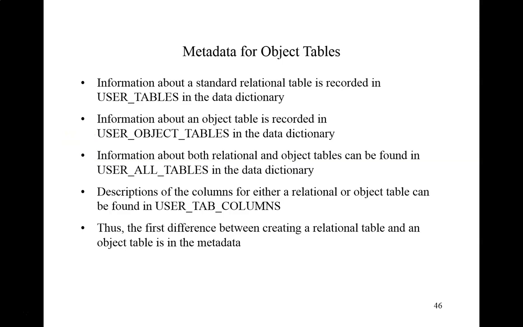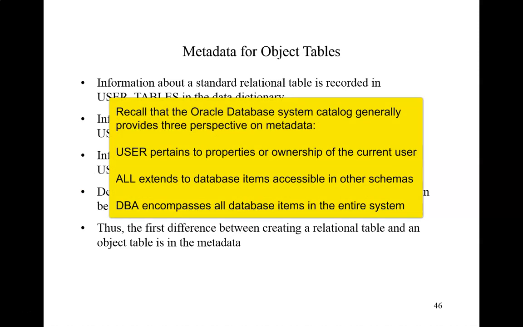Because these are both tables, Oracle consolidates this metadata through another view, user_all_tables, which reveals information about all of the tables in the user's schema, both relational and object tables. Note we're viewing the metadata from the perspective of an individual user, so we're looking at the user views.